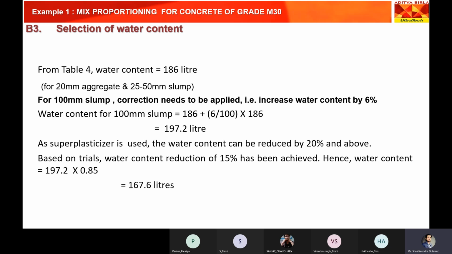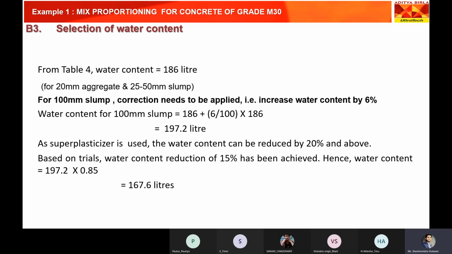So 100 slump correction needs to be applied. So increase water content by 6%. So water content for 100 slump is equal to 186 plus 6 upon 100 into 186. By using that formula, the water content value is 197.2 liter.